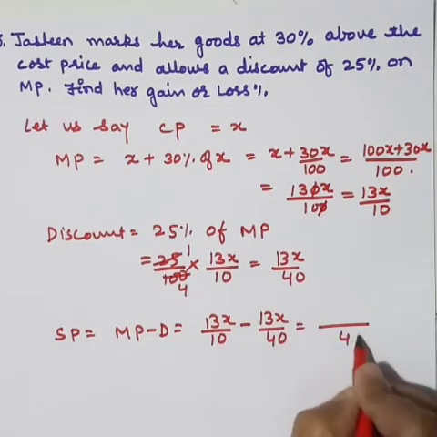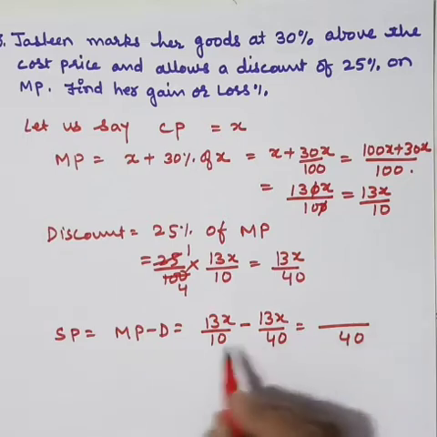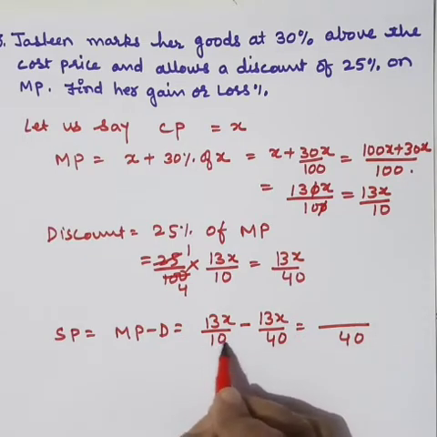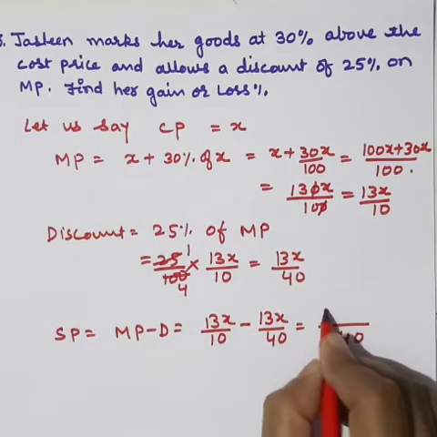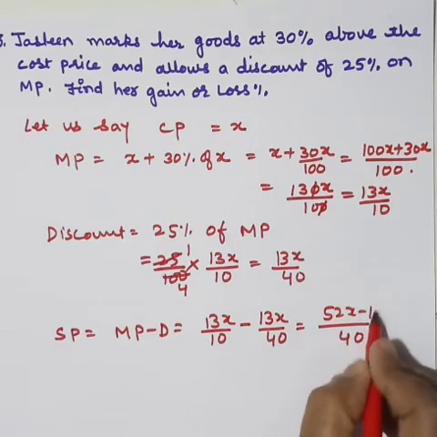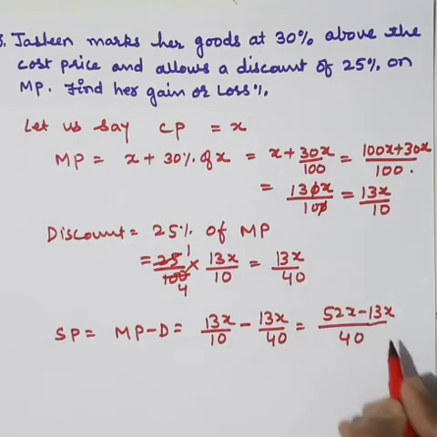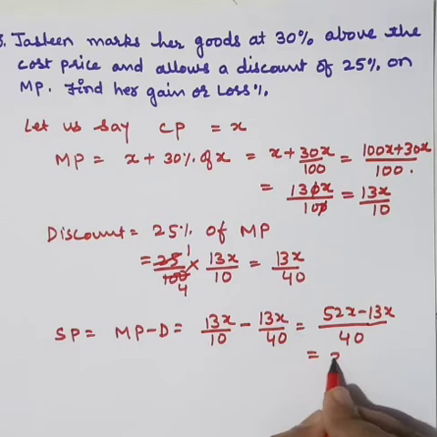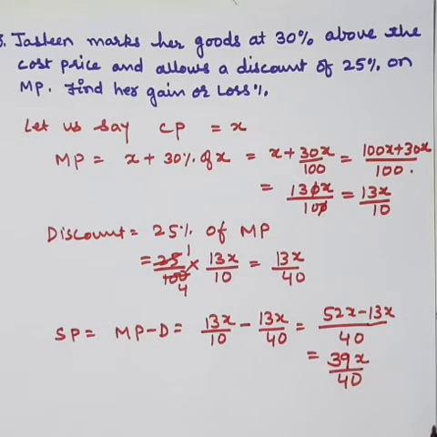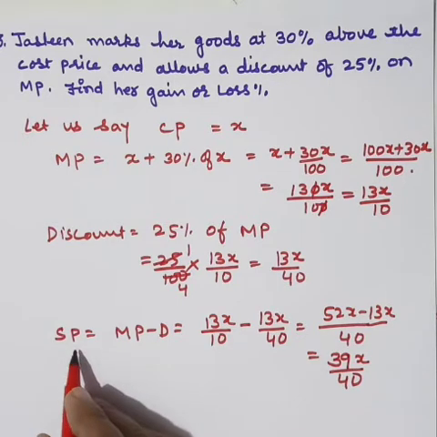If you find the LCM, LCM will be 40. Here 10 fours are 40, so 13 fours are 52, x minus 13x. So this will be equal to 39x by 40. Okay. So what next? You have got SP, you have got CP.